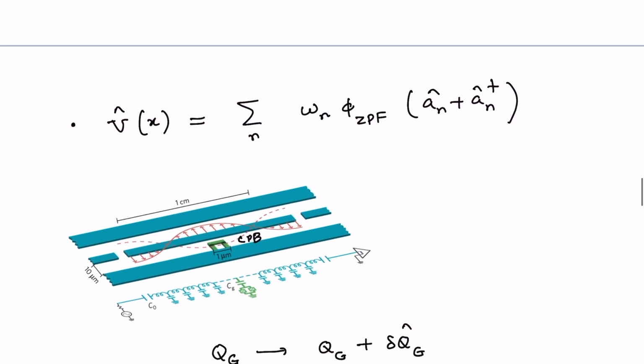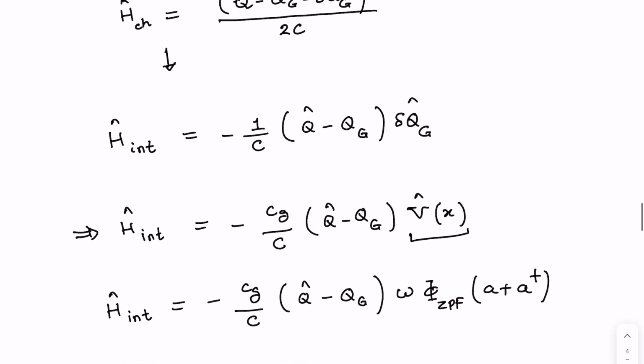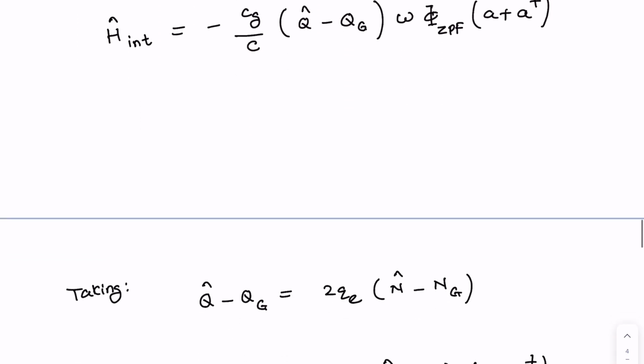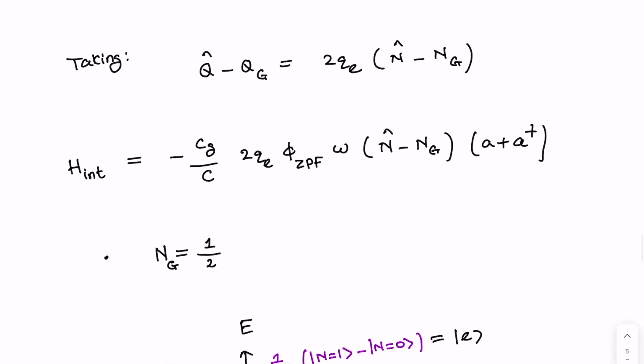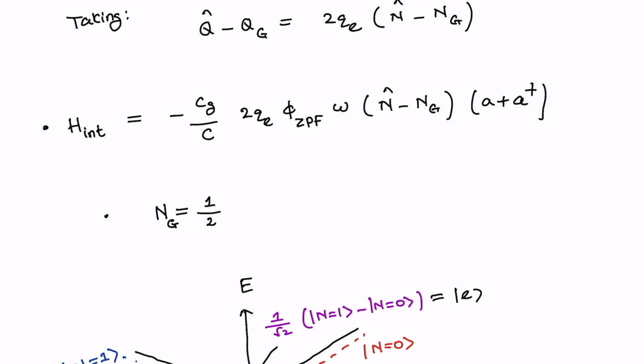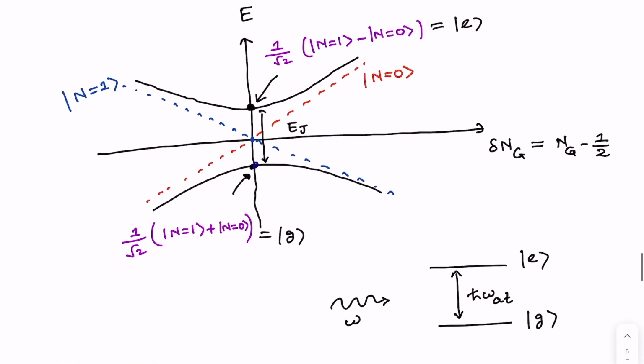We discussed then how this Cooper pair box is coupled to this voltage, and we found the interaction Hamiltonian, which is given by this expression, but we need to focus ourselves on a two-level atom. So for that we need to keep our voltage, or this parameter called Ng, around 1/2, and then we will be able to have this two-level system, as we have discussed in great detail.